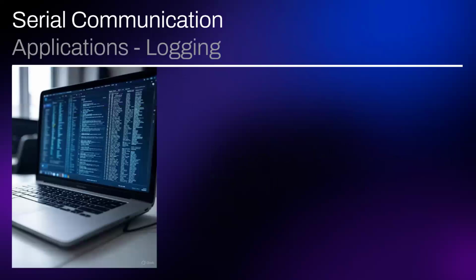Let's talk real quick about the application layers. If you're looking at logging some data, one thing people do a lot when logging data from a device is set a log level. So you can say, do I want really verbose, all the logging information coming out of the device, or do I want just some high level information?